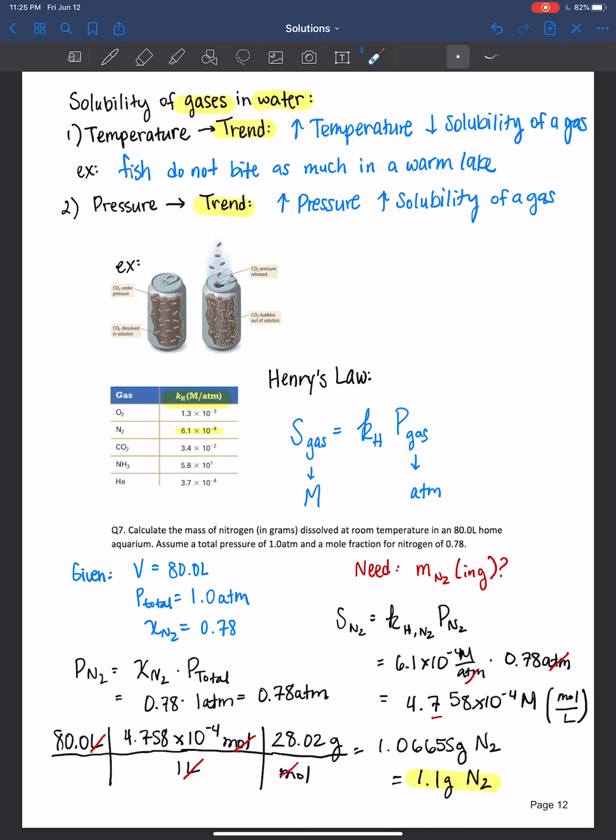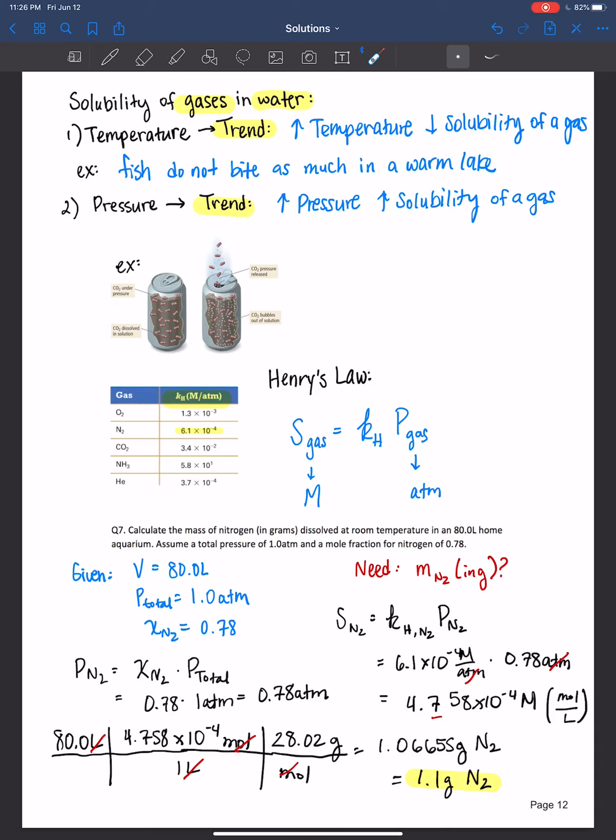We had to calculate the partial pressure of that individual gas, so that we could use that knowledge and Henry's gas constant to solve for the solubility of that gas at that pressure, and we're assuming room temperature here. And so we were able to figure out the solubility, which is a molarity. Molarity is a great conversion factor to convert from liters into moles. And we always know that if we need to find mass, then usually we have to find moles first so that we can use the molar mass to figure out the grams of that specific gas. And then round that to 2 significant figures.